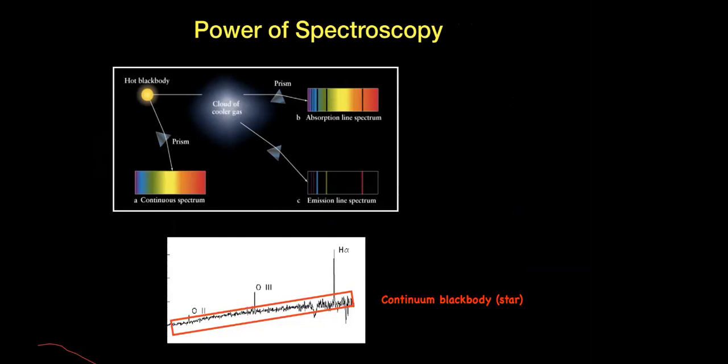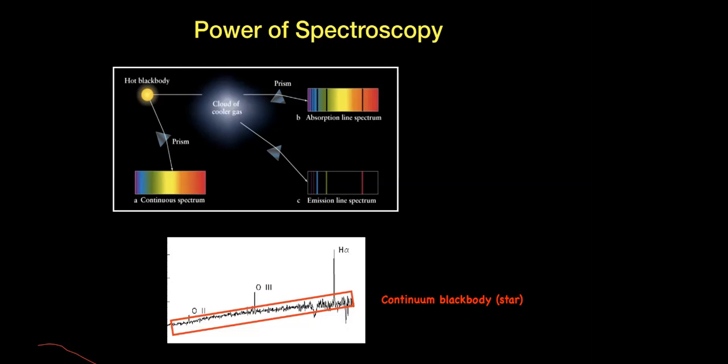Now, let's say there is a cloud of cooler gas in front of that star, and some of the photons released from the star would get absorbed by this cloud of cooler gas. So what you eventually observe in the spectra is a bunch of absorption lines at specific wavelengths on top of the continuum spectra.